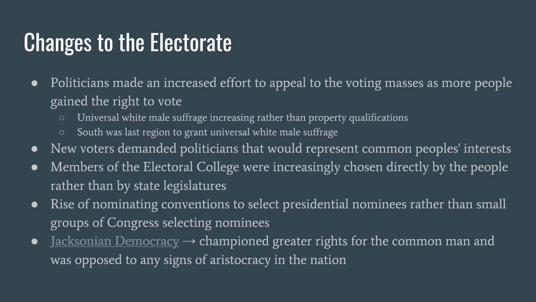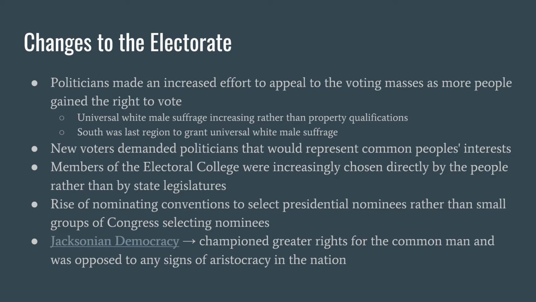But we really start to see, especially with the rise of the Industrial Revolution in the United States, that universal white male suffrage, or voting, is increasingly the norm rather than just having those property requirements.